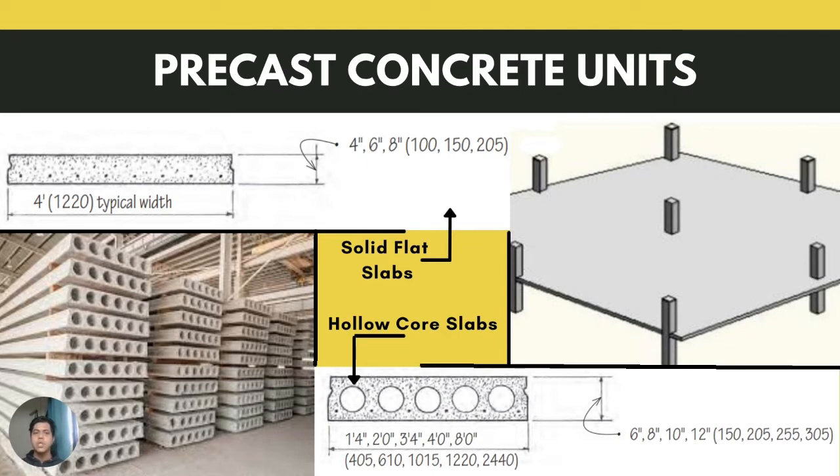Second one is hollow core slab. Hollow core slab offers an ideal structural section by reducing dead weight while providing maximum structural efficiency. It is also much more economical than using solid flat slab because it is much cheaper.